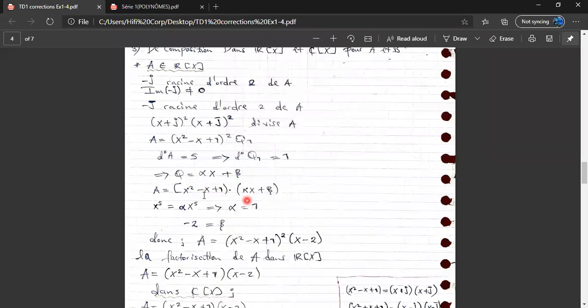So it will be -x to the power 4 also, because here is 3, so it will be also -x to the power 4 with our beta here.